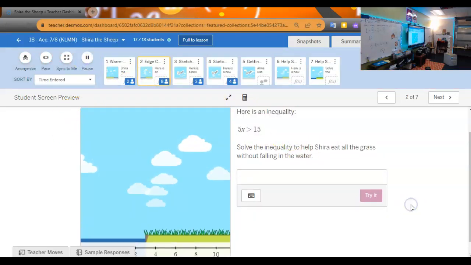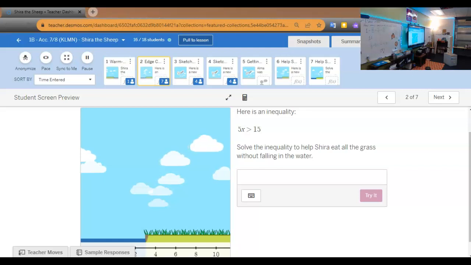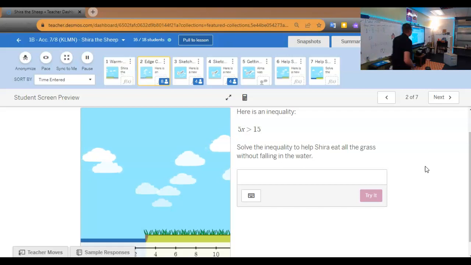But go ahead and keep playing with stuff. Yeah, I know. Once you get far enough, you have to do some things before you see the grass. We should try to figure out what x could be. What we're trying to figure out is what x could be.